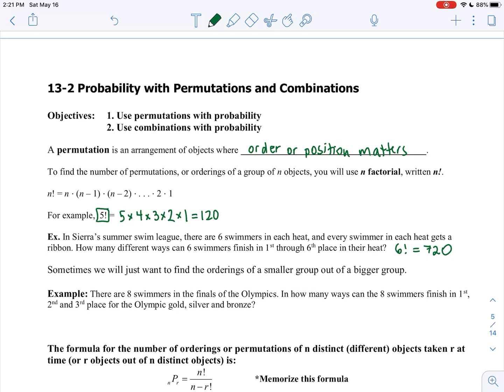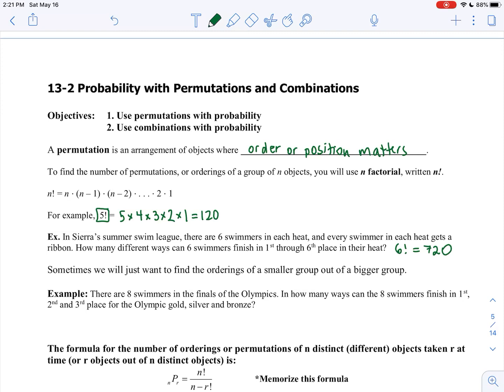Sometimes, however, you have a larger group in which you want to find the possible orderings of a smaller group. So if that example had said there are 8 swimmers in the finals of the Olympics, in how many ways can 8 swimmers finish in first, second, third place? First, we know that the order matters because there is a ranking involved: first, second, and third place.